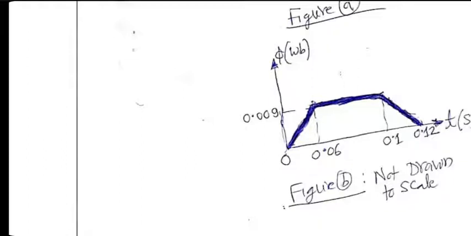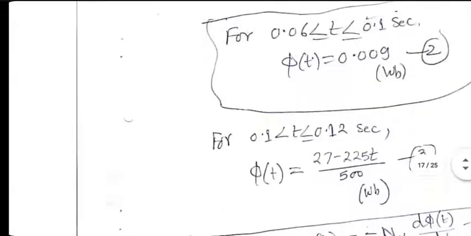These two conditions will determine the two arbitrary constants in the equation of the straight line that you want. So try doing it. Hopefully there's no mistake in my derivation here. This is the equation for phi(t) in the third portion.